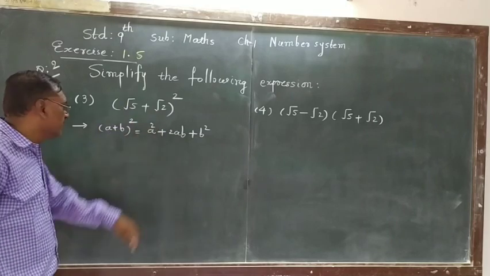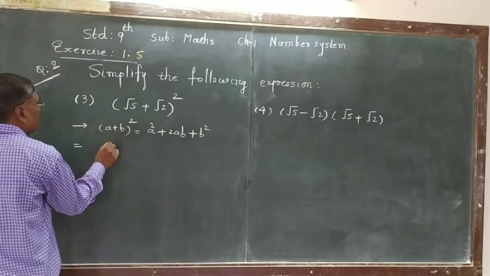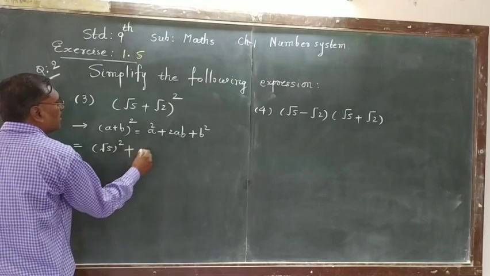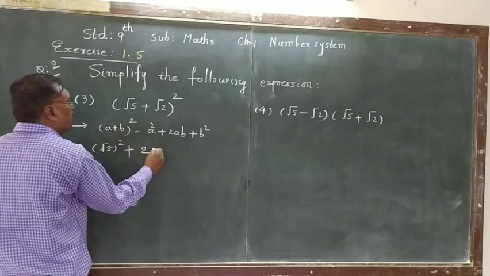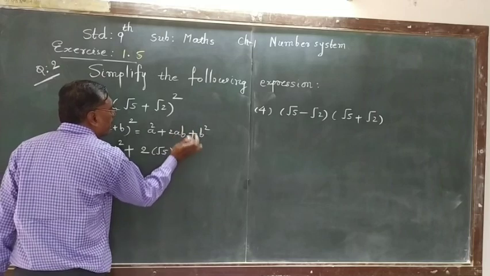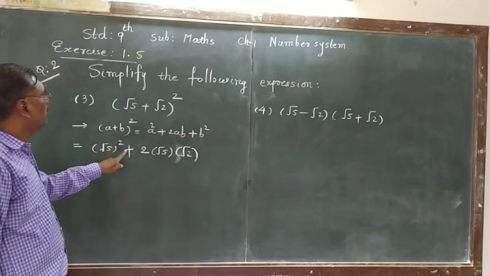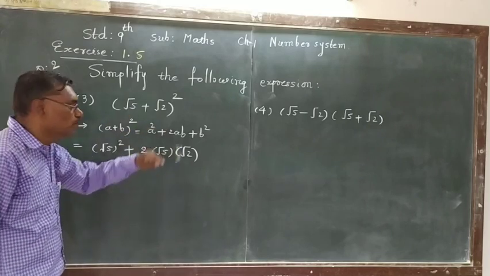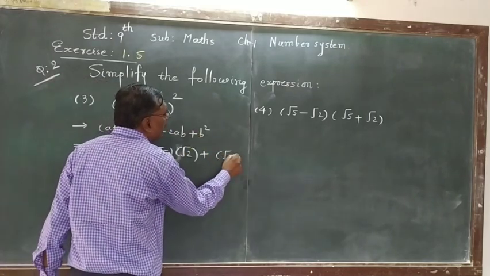So according to our question, first A square means root 5 square, plus 2AB, A means root 5 and B means root 2, plus B square, B means root 2 square.